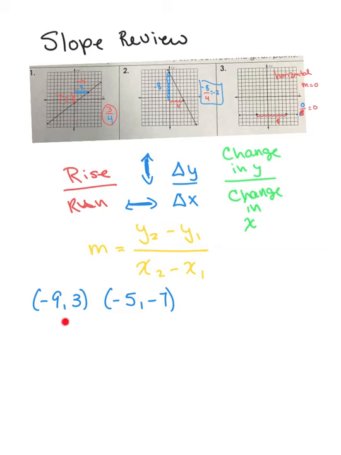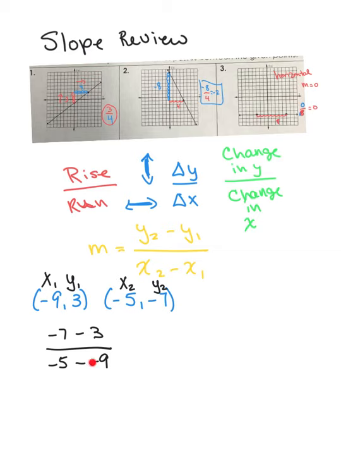It doesn't matter which point you consider your first point and which point you consider your second point, but I am going to label them, because what matters is that my x1 and my y1 come from the same point, and my x2 and my y2 come from the same point. And because I don't want to mix them up, I'm going to label them so that I don't get them mixed up. So y2 minus y1 over x2 minus x1.